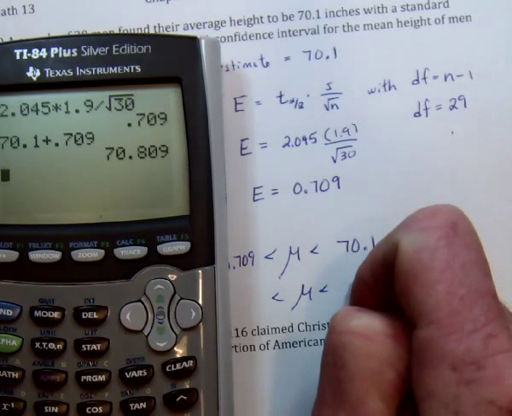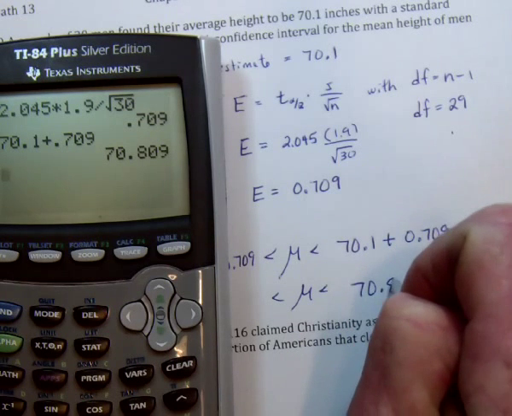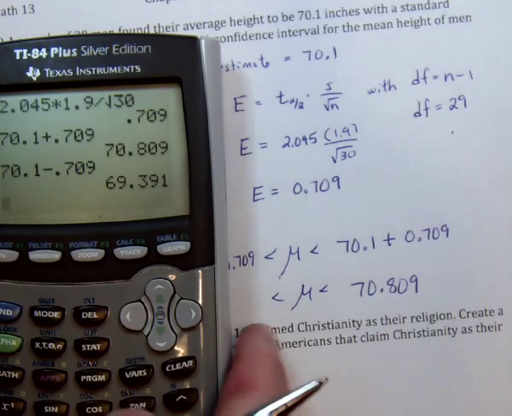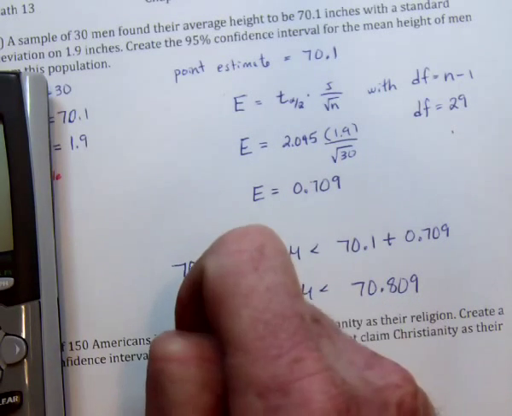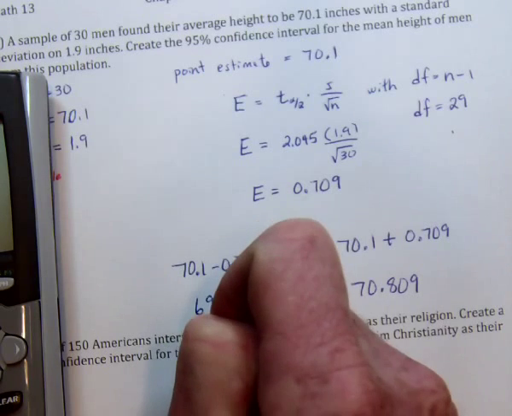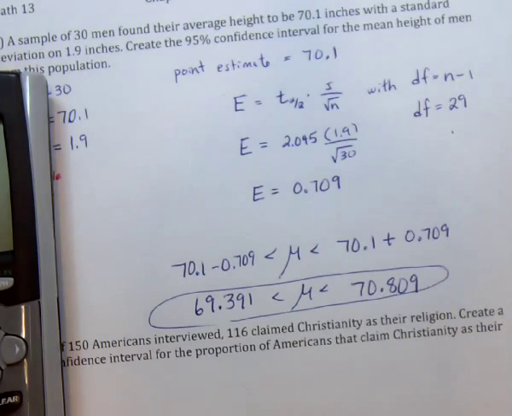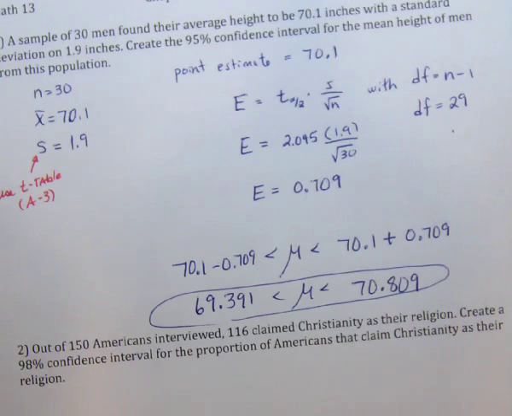So they might be as tall as 70.809. Take 70.1, subtract 0.709. They might be as short on average as 69.391. And there is our first confidence interval.